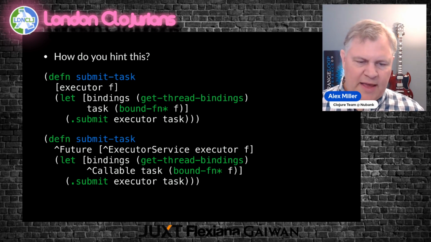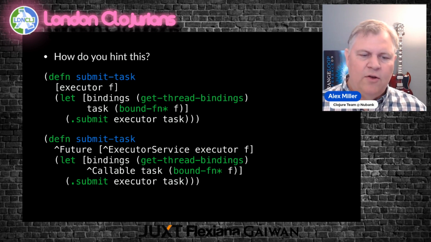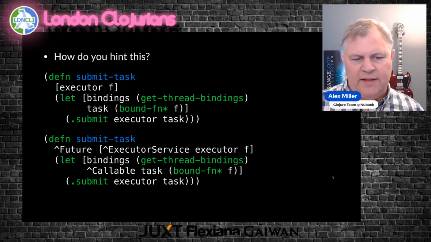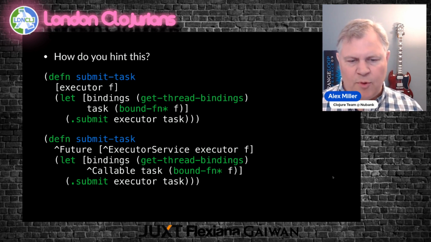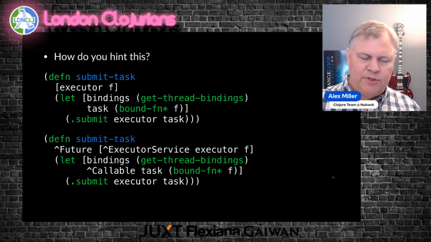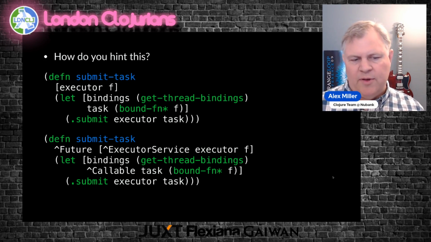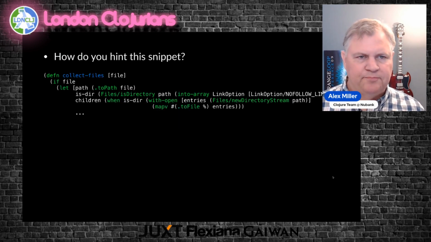You could type hint it again directly in the submit call where it says task on the last line, or you can type hint it inside the let. Either will work here. Type hinting in the let would allow you to use task and pass that to multiple calls. Generally, I prefer to do it earlier, but either is fine.